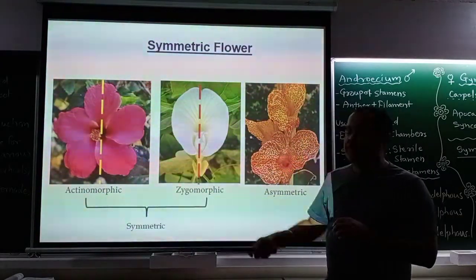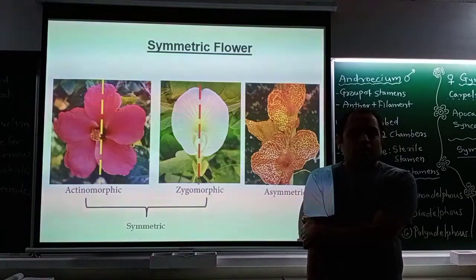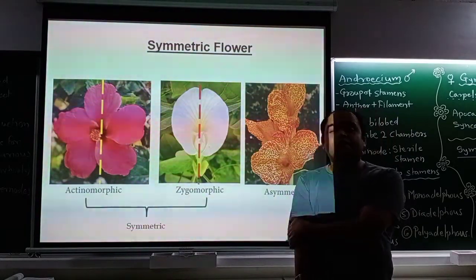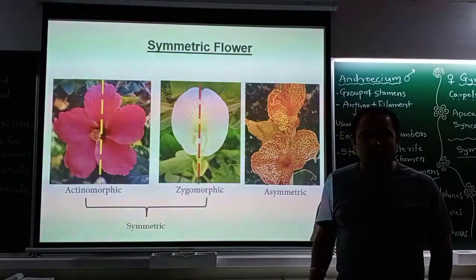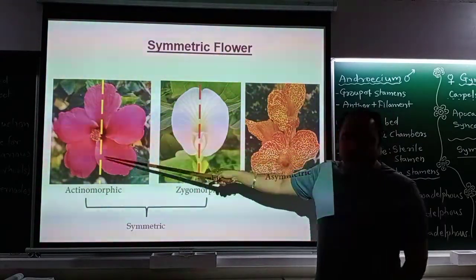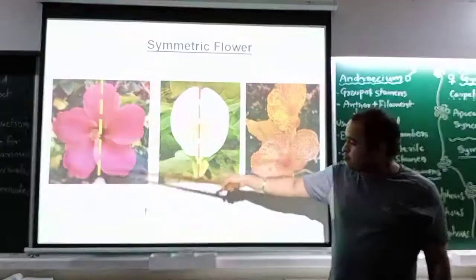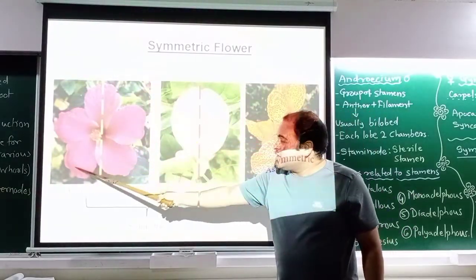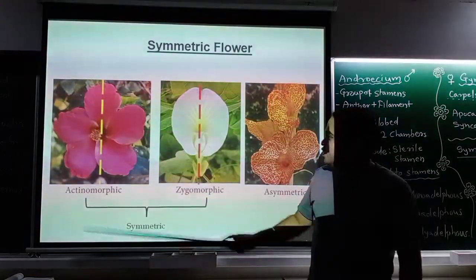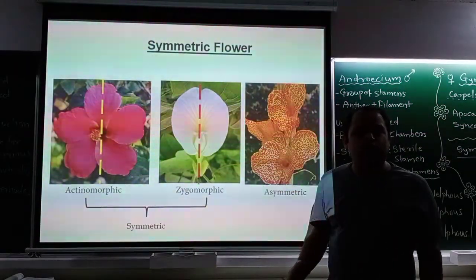Actinomorphic is the typical flower which can be divided into two equal halves along any plane. So this dotted yellow line you can easily observe. If you put it like this, you will get two equal halves.